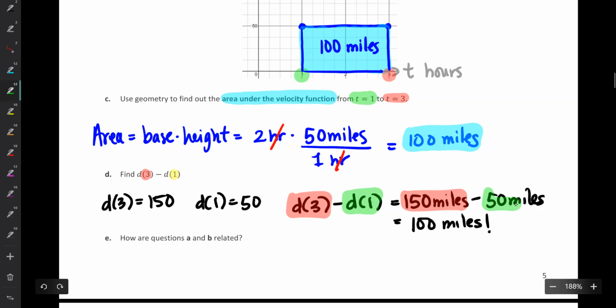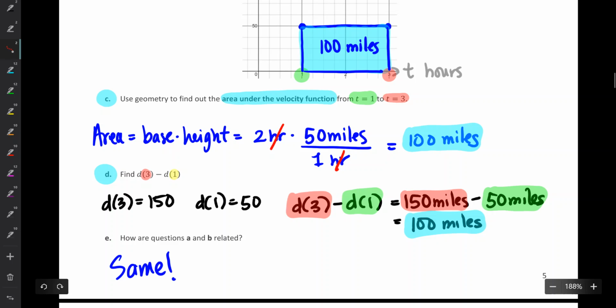So the answer to questions C and D are both 100 miles. I did an exclamation point because it's so cool. They are the same.